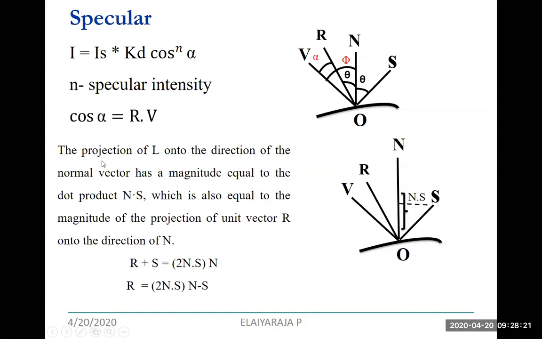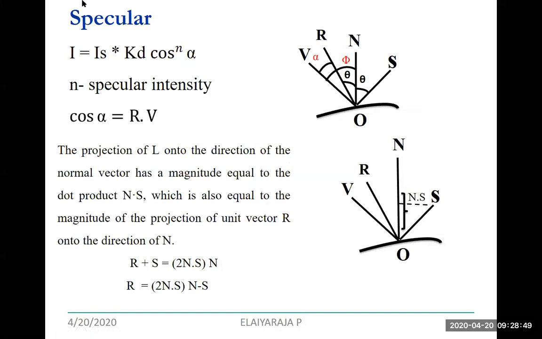So here, the projection of L, the light source, onto the direction of the normal vector n has a magnitude equal to the dot product n into s.